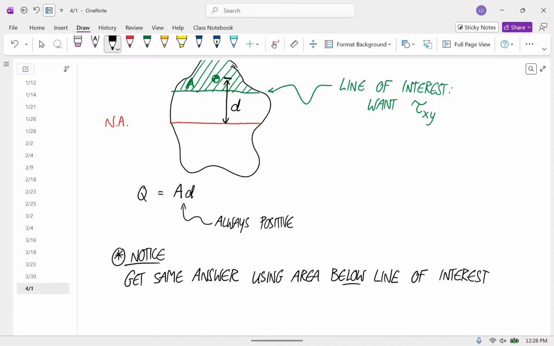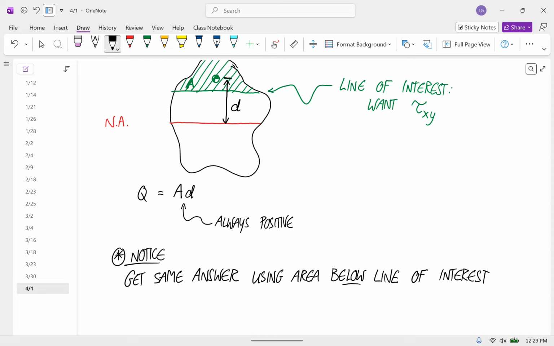It seems a little surprising at first, but it basically just comes down to some heights canceling out. Say this is your line of interest. Say you unshade the green up there and you shade everything below. Now you find the centroid of that.